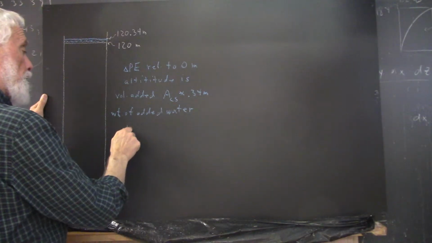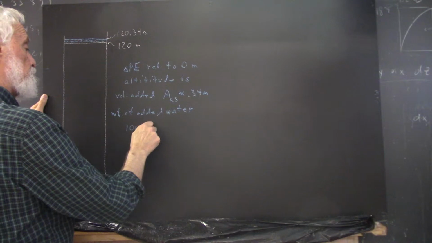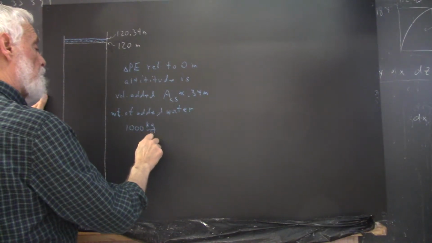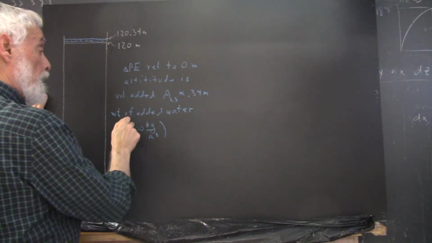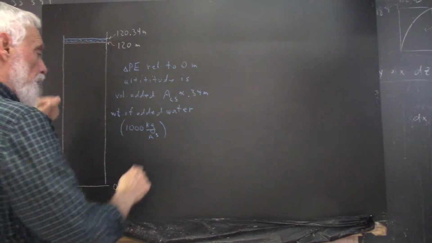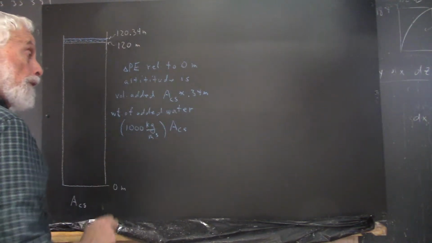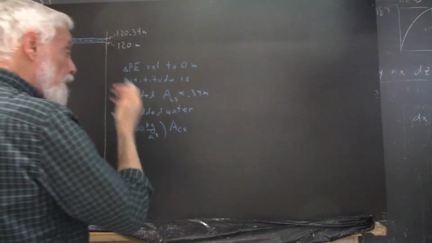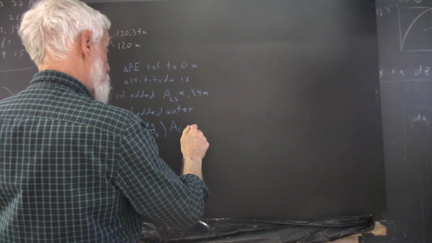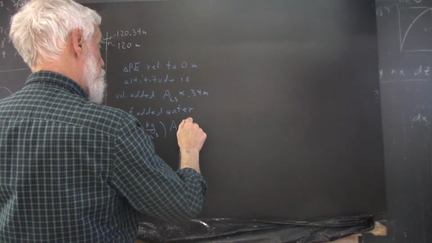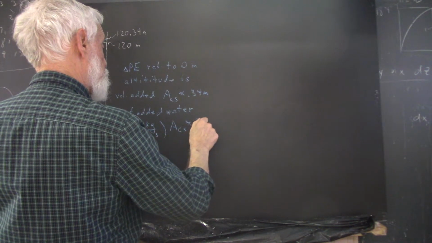Well, we multiply 1,000 kilograms per cubic meter, the density of water, times the cross-sectional area. And I mentioned we could have just used rho for the density here, the symbol, as you'll see in a few minutes. And then we multiply that times the 0.34 meters.